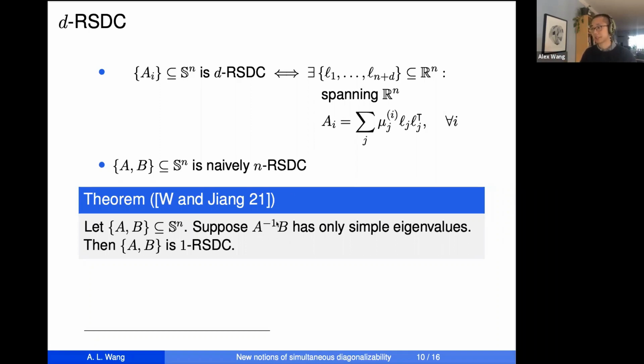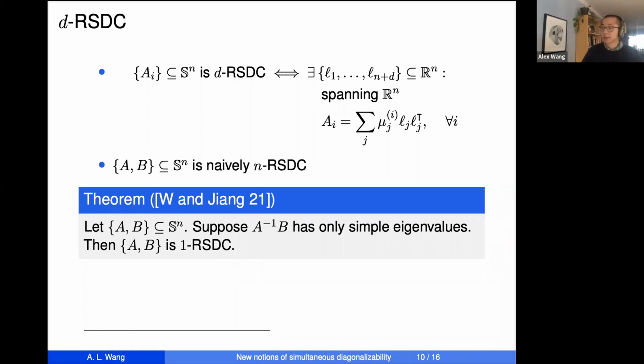Similarly, you can show that the set of pairs where A inverse B has repeated eigenvalues is also a set of measure 0. In particular, if you're generating A and B according to any continuous random distribution, or even if A and B are given adversarially but you're allowed to perturb by arbitrarily small amounts, then you can without loss of generality assume that this property holds.